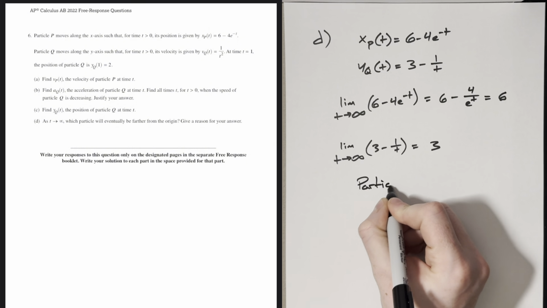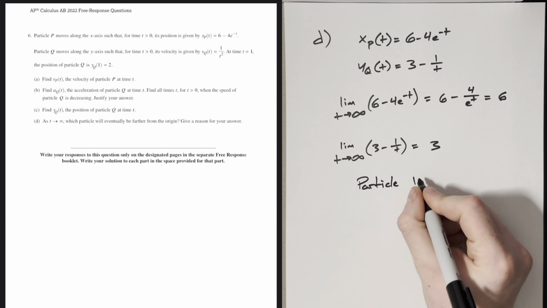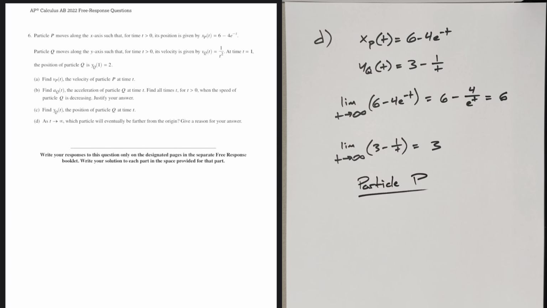The answer is particle P. And that is our final answer to part D. Our reasoning would just be that the limit as t approaches infinity of the position of particle P is greater than the limit of particle Q's position. But we have now wrapped up the entirety of the 2022 FRQs, again 1 through 6.